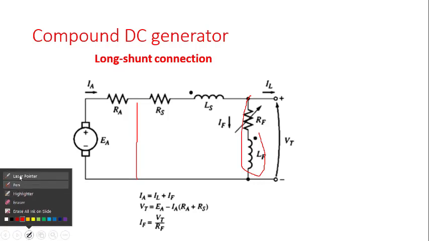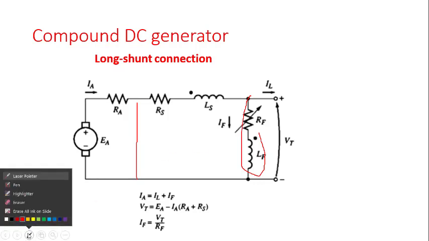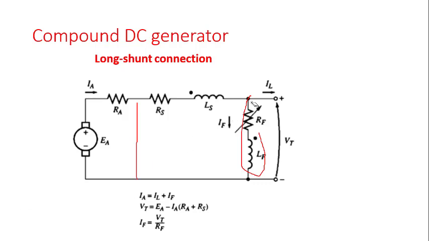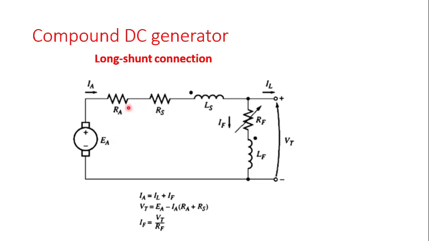But now, because it is found over here, we call it a long shunt, because this particular parallel or shunt circuit is far away from the armature circuit. So take note of that. Now let's see how we can come out with the relationships too.